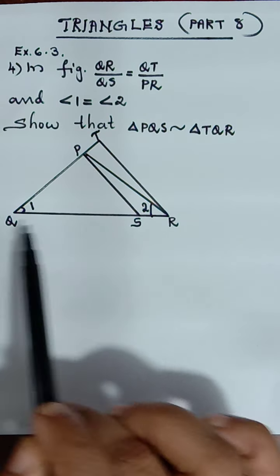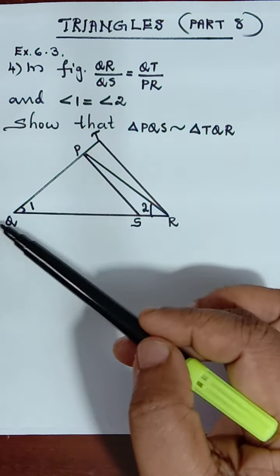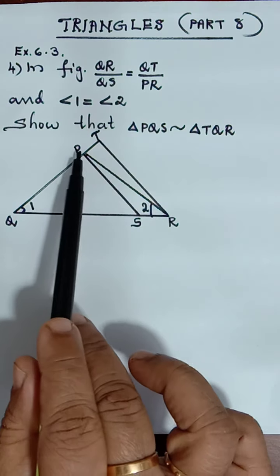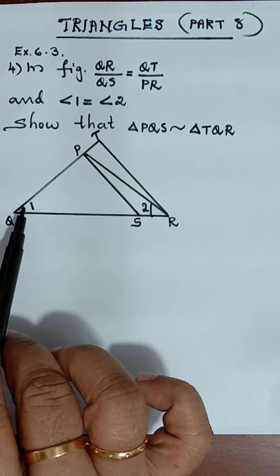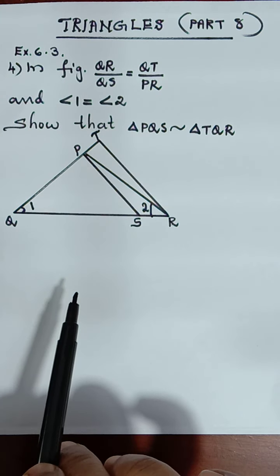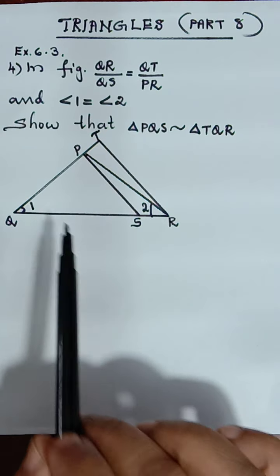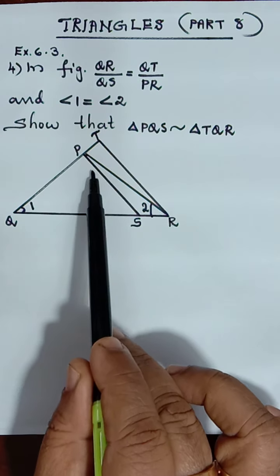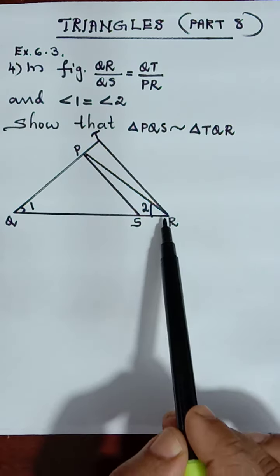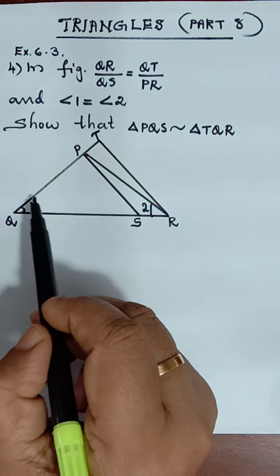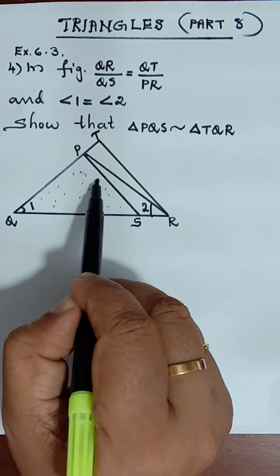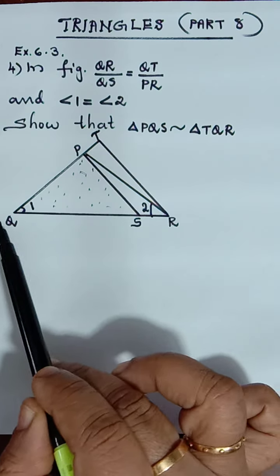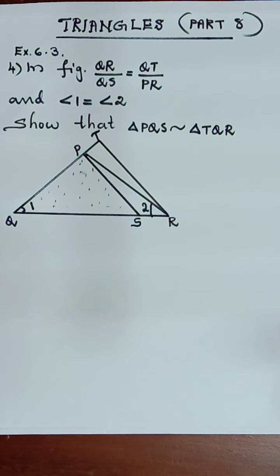QR by QS equal to QT by PR, that is a ratio given to us. Angle 1 is equal to angle 2. Show that triangle PQS is similar to TQR. So PQS is this triangle, PQS triangle similar to triangle TQR. That is what here we have to prove.